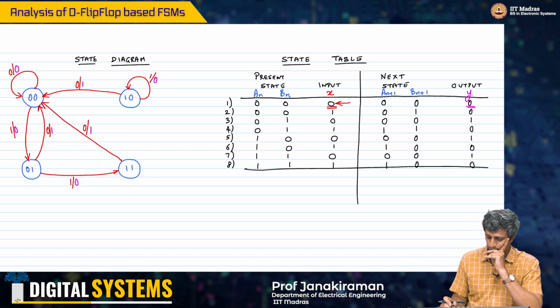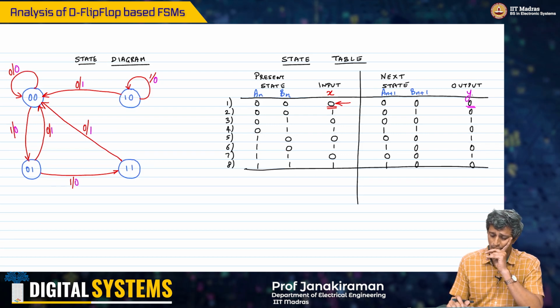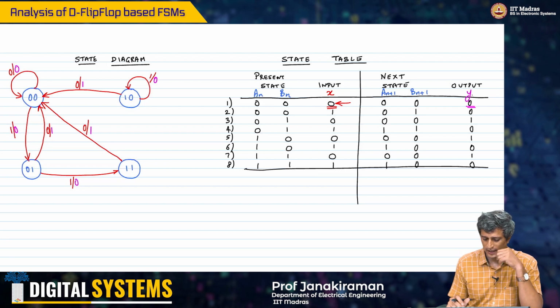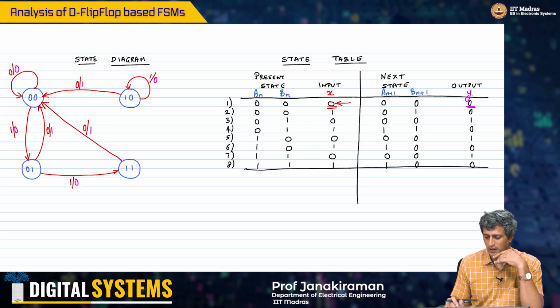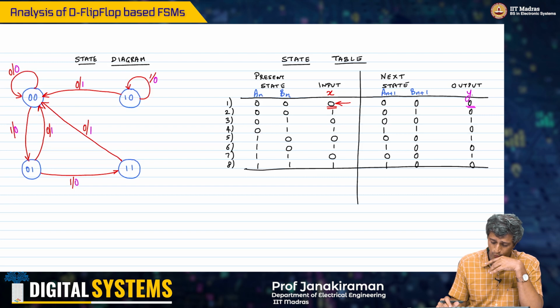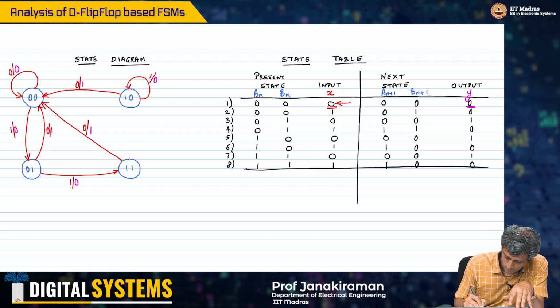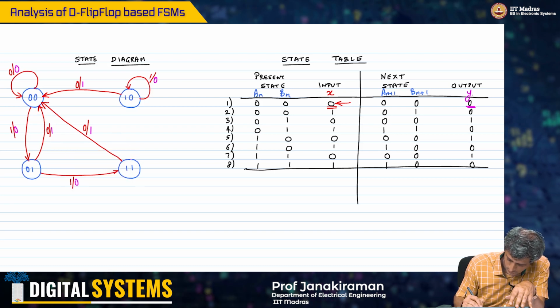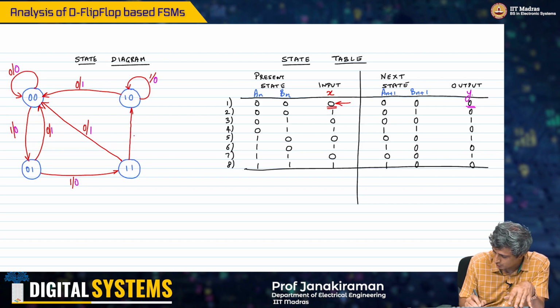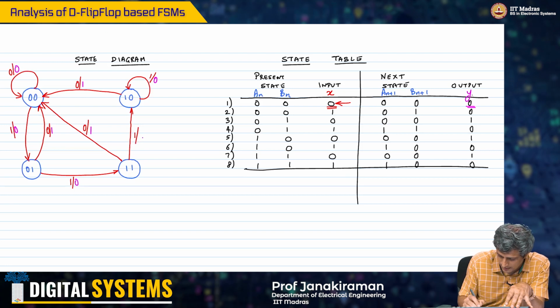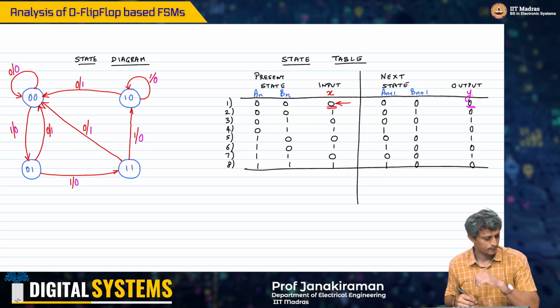And finally, line number 8, I have 1 1 and my input is 1, then I go back to 1 0, like this. So here again the input is 1 and output is a 0.